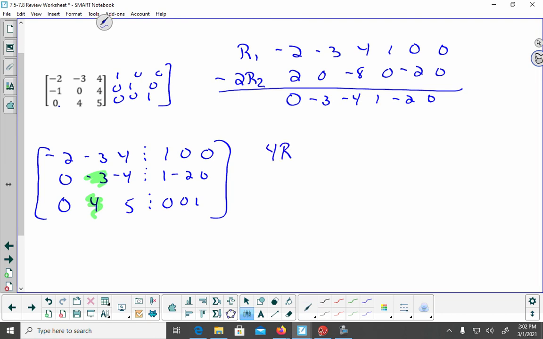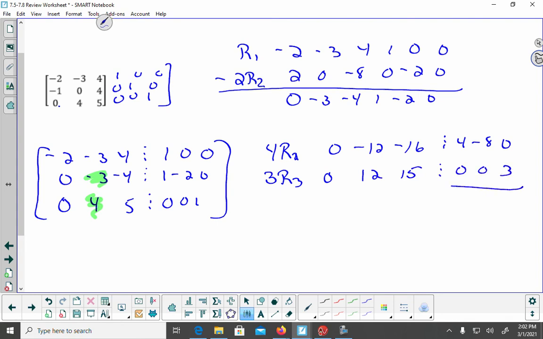So this will be 0, negative 12, negative 16, 4, negative 8, 0. And then row 3, I'm multiplying by a 3. And when I do that, I get 0, 0, negative 1, 4, negative 8, 3.